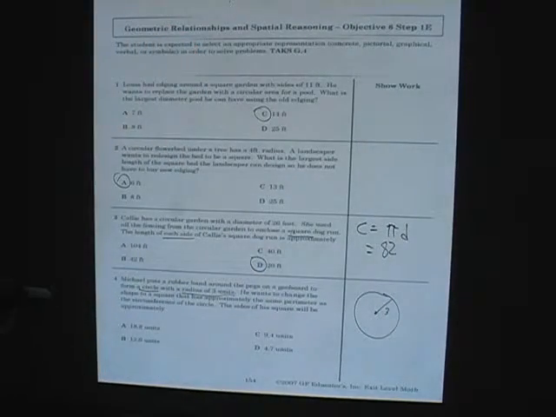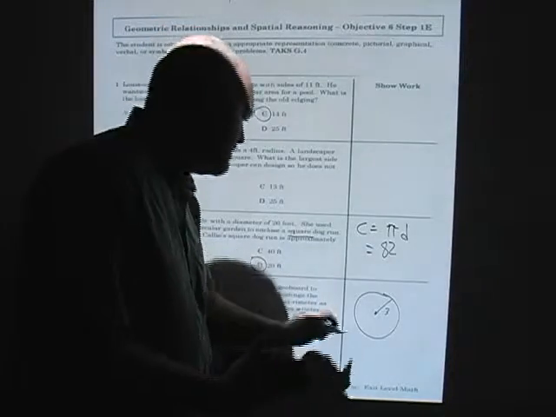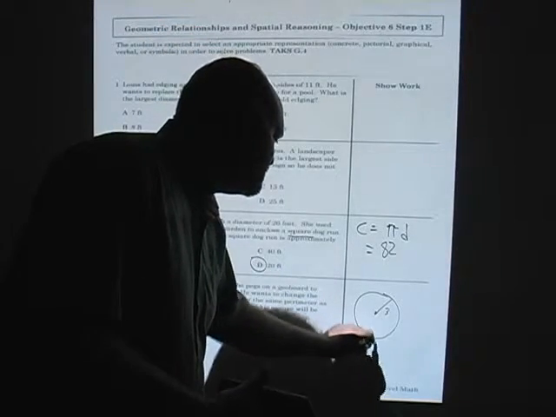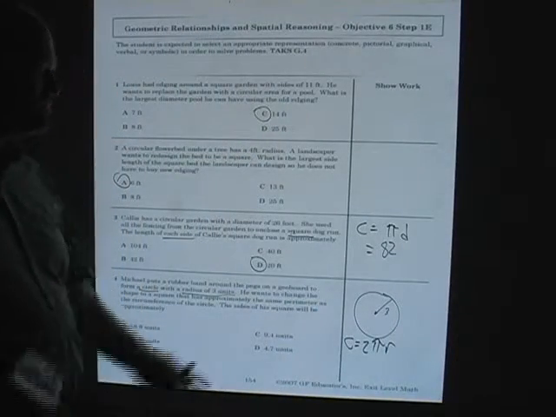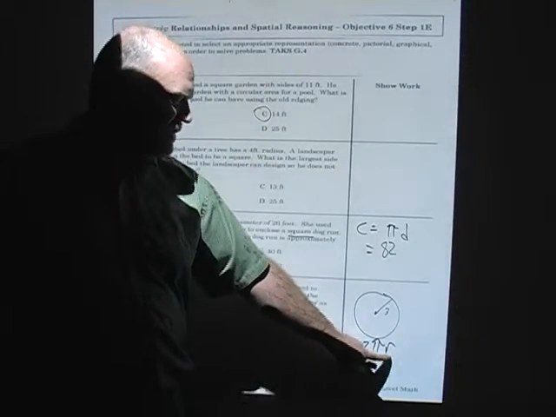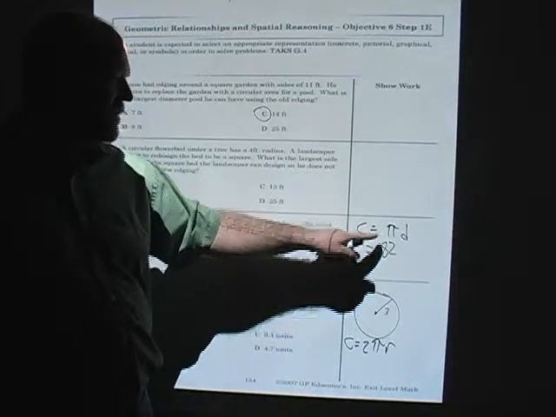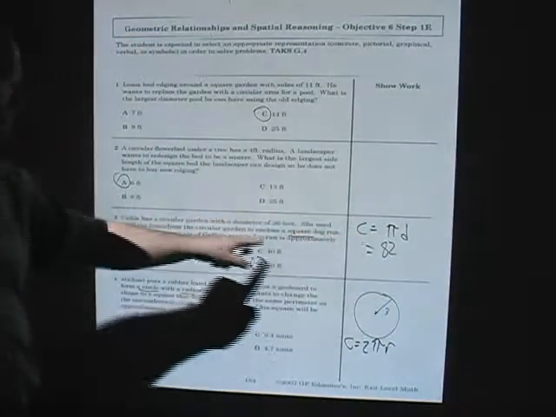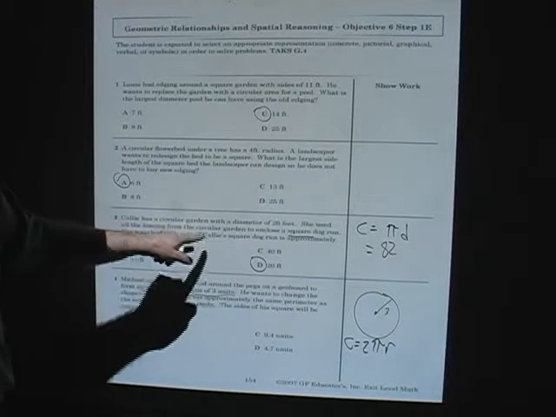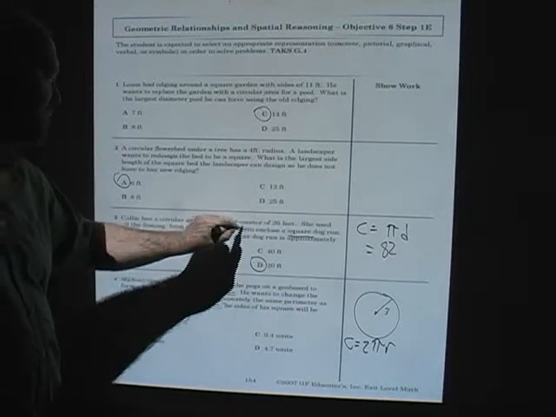The radius is 3. Circumference is 2 pi times radius. Notice I'm using the formula that has radius in it. Up here, I used the formula for circumference that has diameter in it, because we were dealing with diameter in that problem.